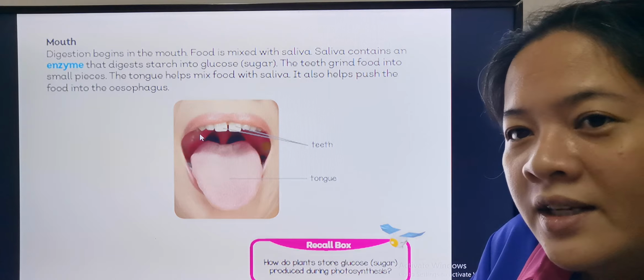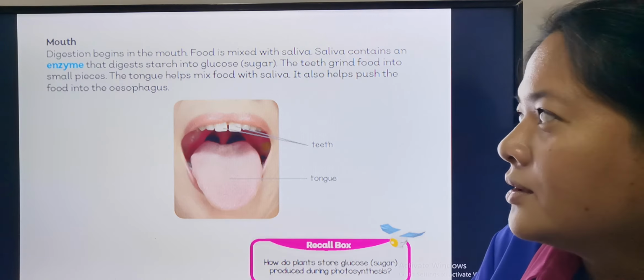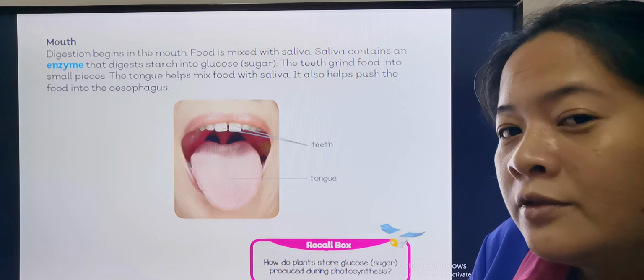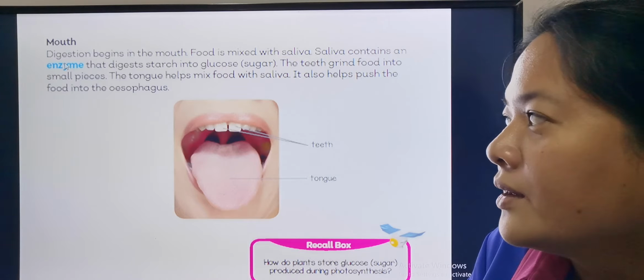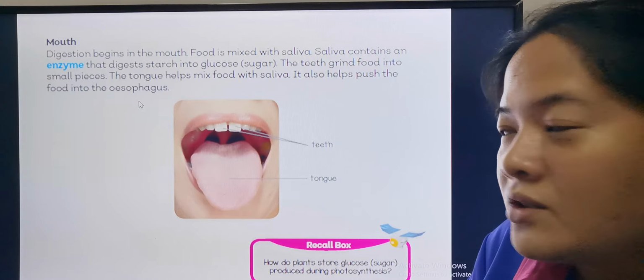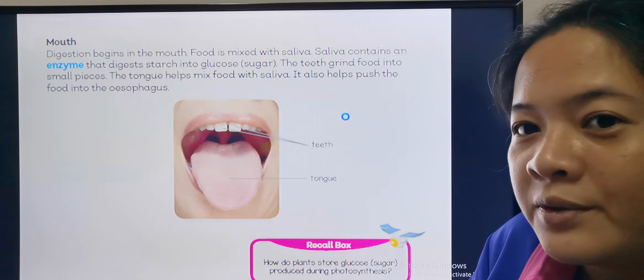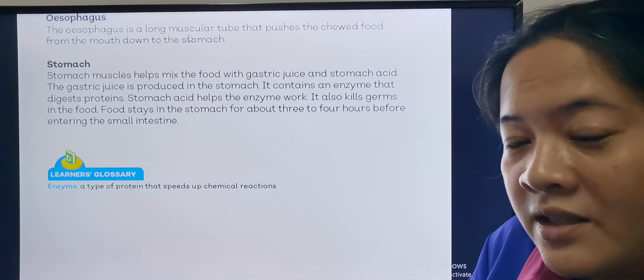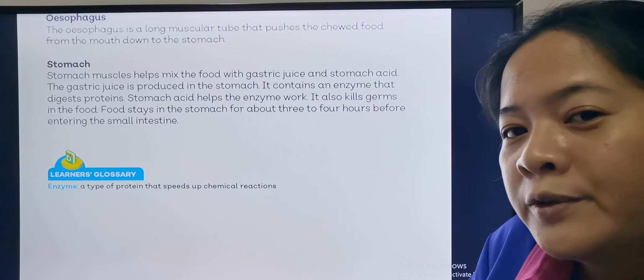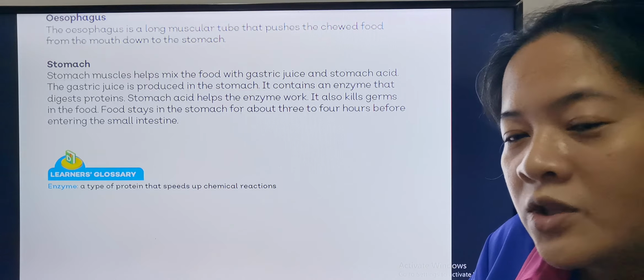Okay, we already studied the function of the mouth, to make the food into smaller pieces, and the enzyme in the mouth digests starch into glucose. Esophagus is the passage for the food from the mouth to the stomach.